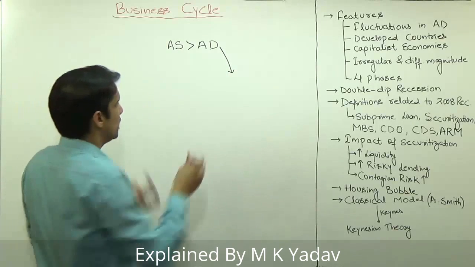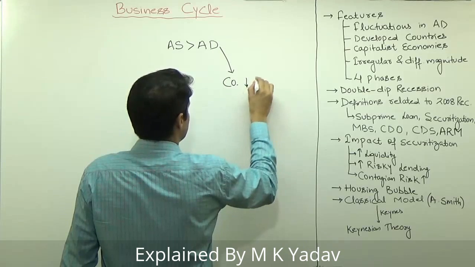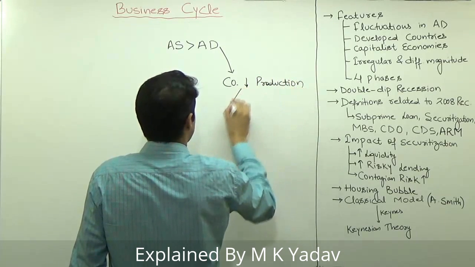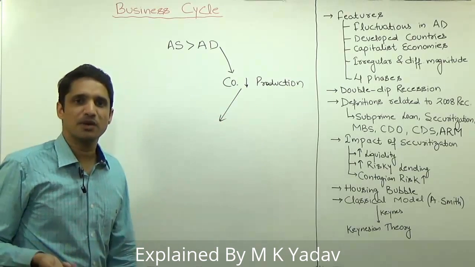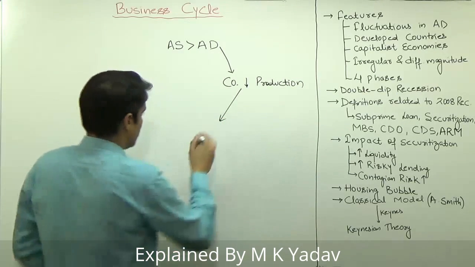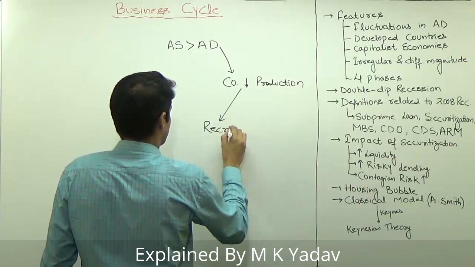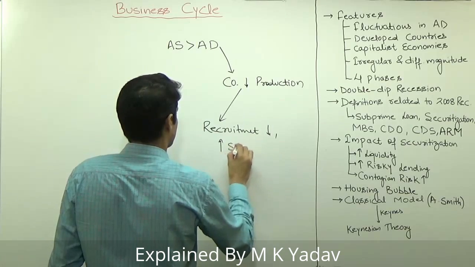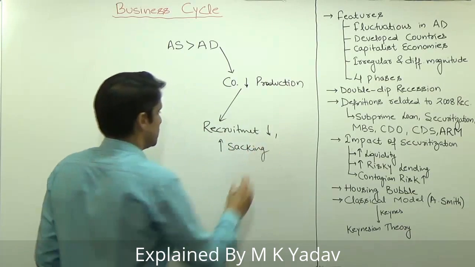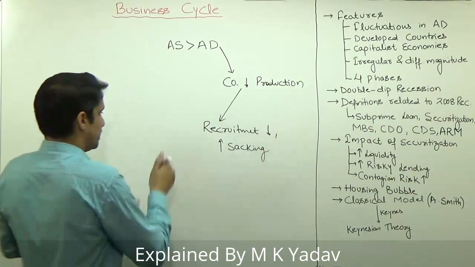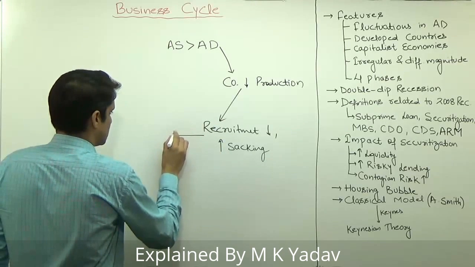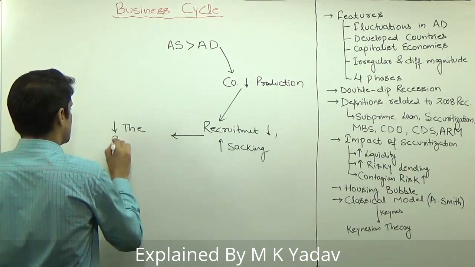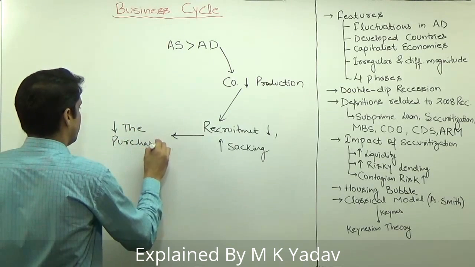When AS is more than AD, companies will decrease their production. And when companies decrease their production, they need less manpower. They don't want to recruit more people, so they will decrease their recruitment, or they will start sacking employees. And when they decrease recruitment or increase sacking, that is going to decrease the purchasing power, the money availability.